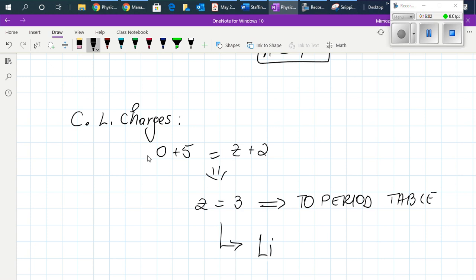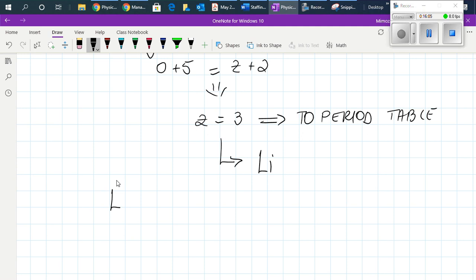So now we have a lithium that has an atomic number of 3 and an atomic mass of 7, which is the same as saying we are dealing with the lithium-7 isotope of this element. Okay, so this is what we do when we are figuring out how we can find the unknown element.